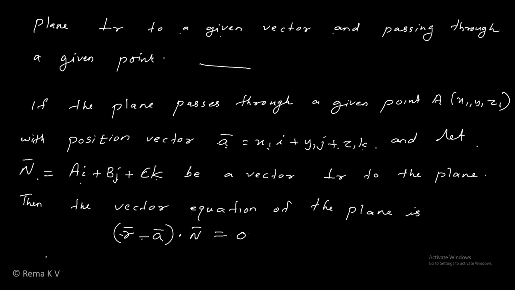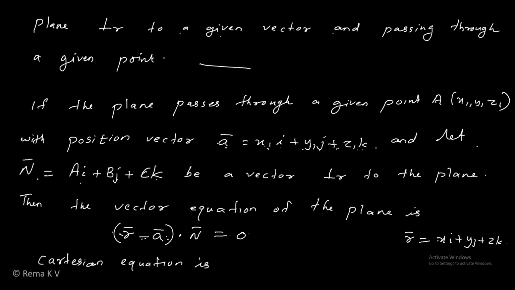And the corresponding Cartesian equation is, see, vector R is the position vector of an arbitrary point. So you can write it as xi plus yj plus zk, and R minus A means it is (x minus x1)i plus (y minus y1)j plus (z minus z1)k, as vector A is given as x1i plus y1j plus z1k.